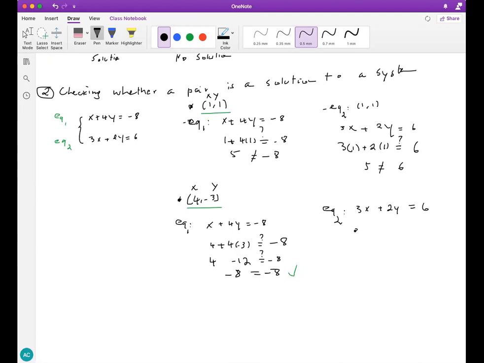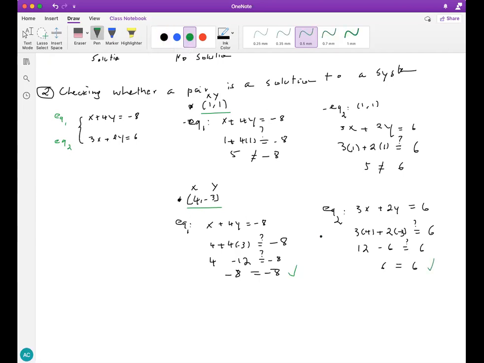I'm going to say 3 times x, which is 4, plus 2 times y, which is here, negative 3. And we're going to say, is it equal to 6? So that's 12 minus 6 is equal to 6. Yes, it is equal to 6.